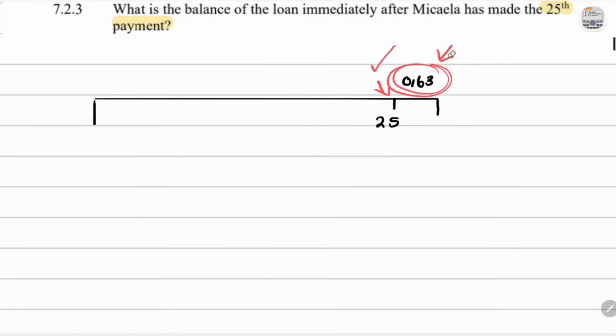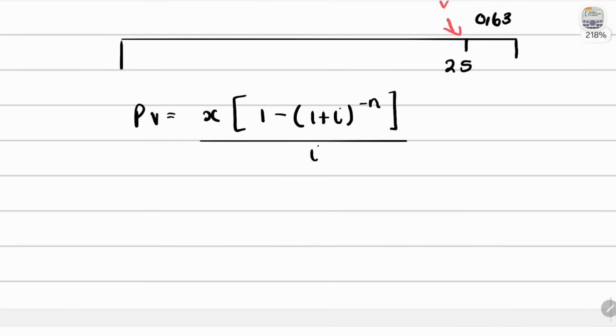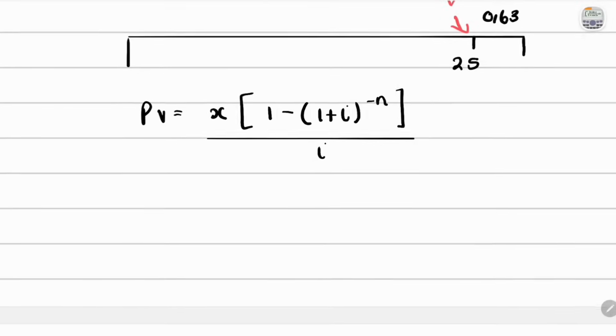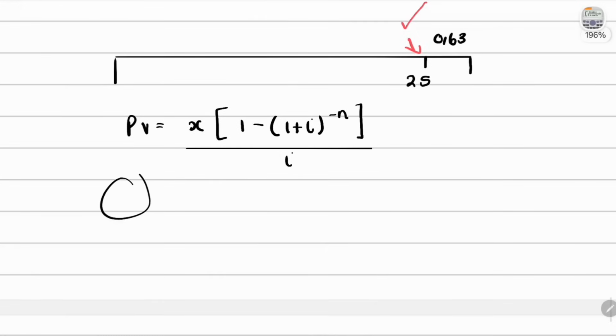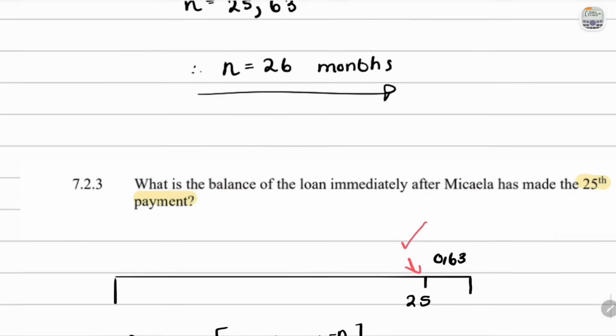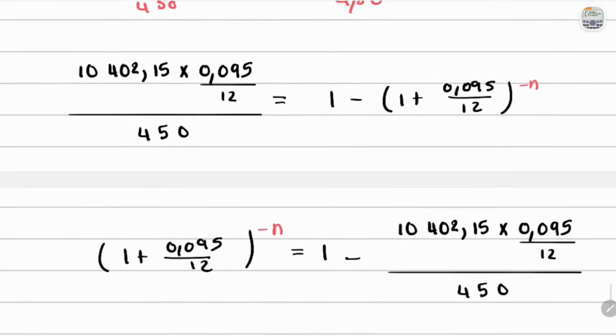Let's put down the present value formula, and we are trying to find the present value. We're trying to find out how much she will owe immediately after the 25th payment. So this is left open, and then we know that x, she's paying 450 every month.